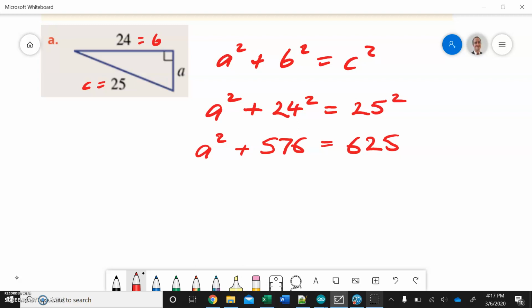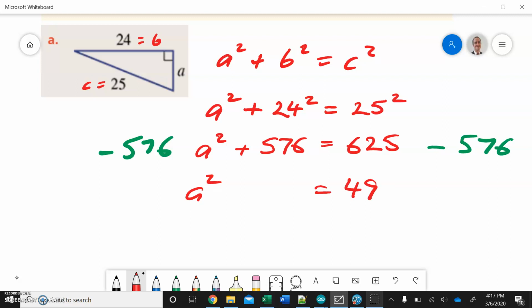We want to end up with A equals something, so we need some inverse operations here. If we subtract 576 from both sides, we end up with A squared equals 49.